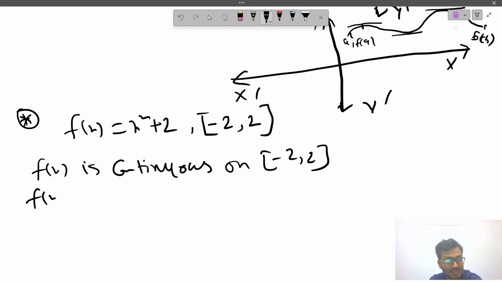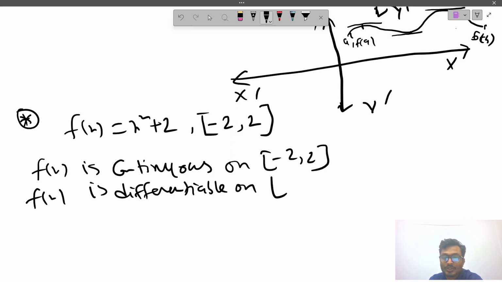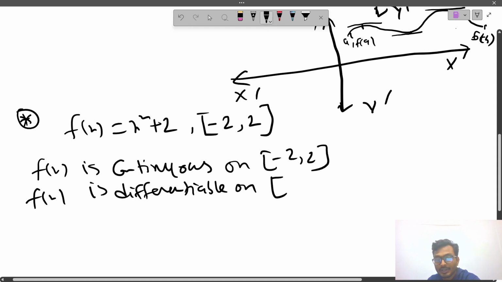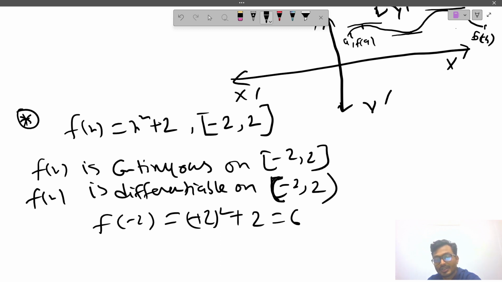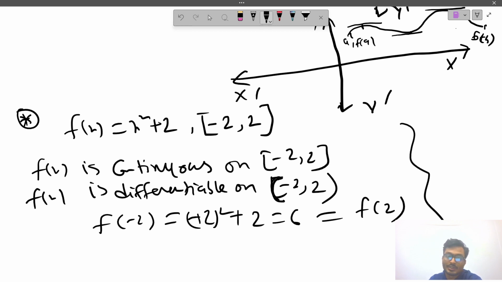And f(x) is also differentiable because it is also a polynomial function, on the open interval (-2, 2). Also we can find that f(-2) is (-2) squared plus 2, so this is 6, and this is also f(2). So these three conditions are satisfied.